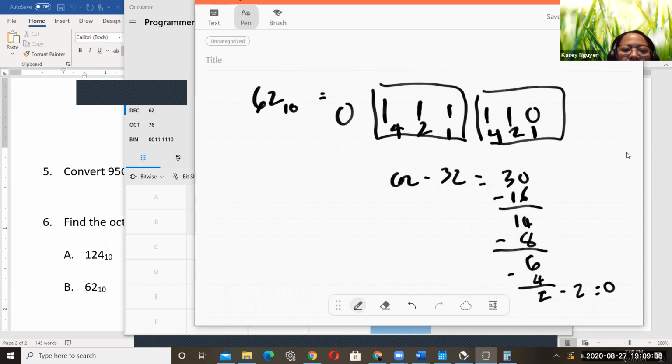And then the 0 is just 0, 0 in the front there. So we can disregard the 0 there. So if you add these together, you get a 6 here, right? A 4 with the 2. And then if you add these together, because all 3 bits are on, you get a 7. And that's how we have 76 octal.